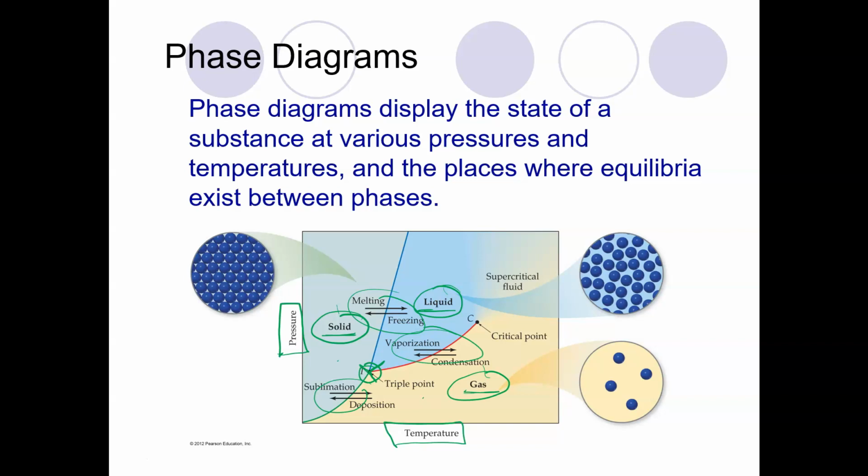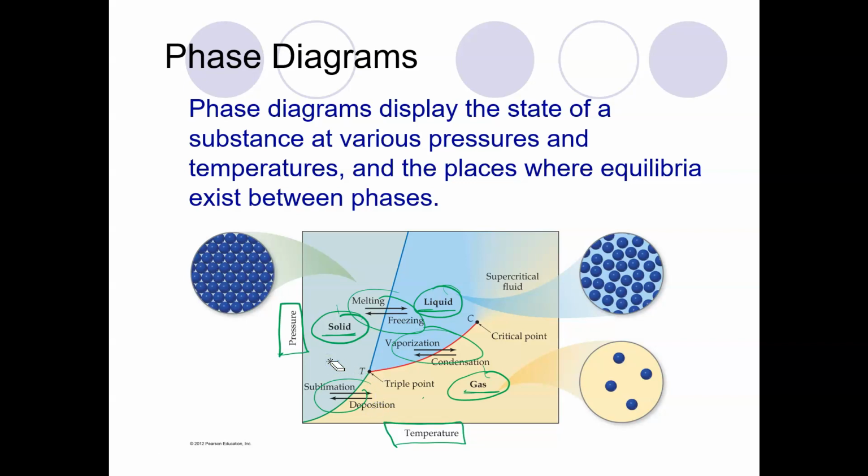At 100 degrees Celsius, water can be a liquid or a gas because it's going to be boiling or condensing, so it can be 2 states of matter. At 0 degrees Celsius, it can be a solid and a liquid. But at the triple point, it's going to be all 3. So the triple point is this one specific pressure and this one specific temperature in which that chemical is a solid and a liquid and a gas all at once. That's called the triple point.